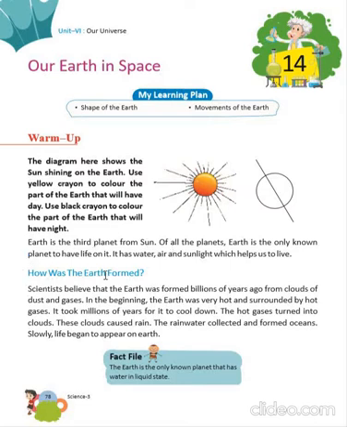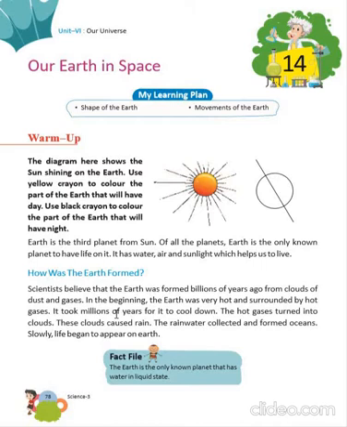Now, how was the Earth formed? Scientists believe that billions of years ago, this Earth was formed from clouds of dust and gases. In the beginning, the Earth was very hot as it was surrounded by hot gases, and it took millions of years for it to cool down.